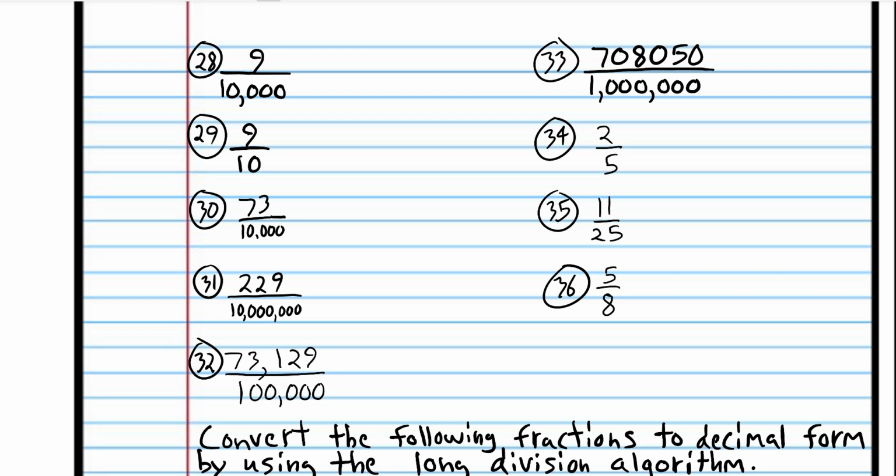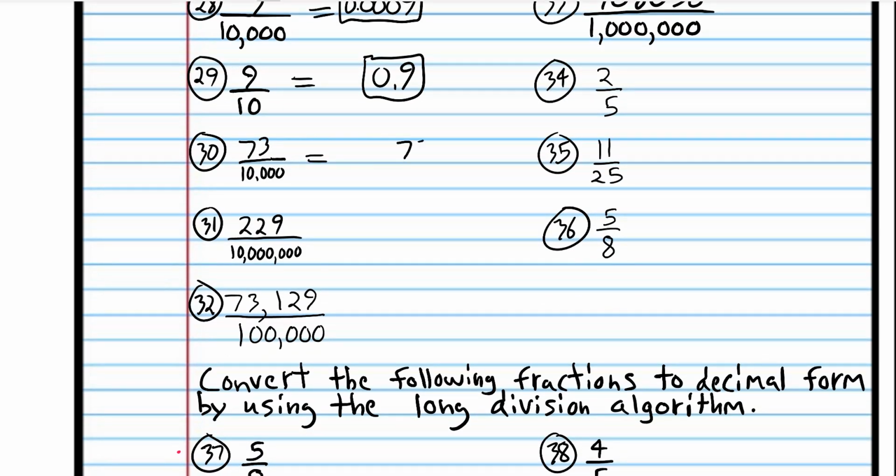All right, we're back. The 9 should be in the 10,000ths place. And in 29, the 9 should be in the tenths place, which is 1 over from the decimal.